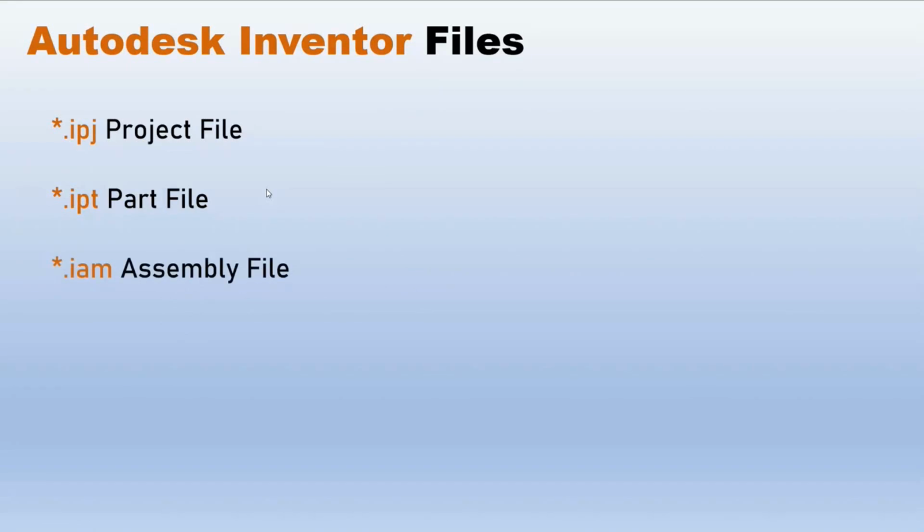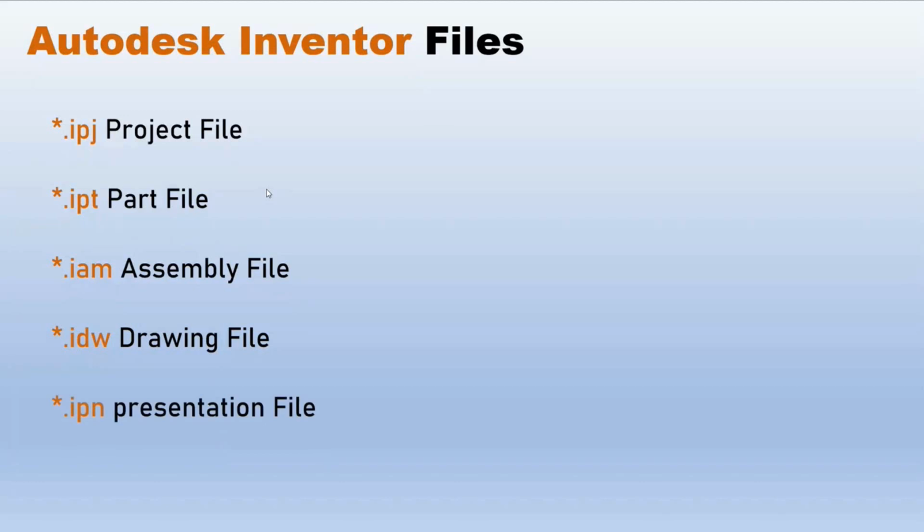The third extension is IAM, which is Inventor assembly. The assembly will be a file that includes parts, so you need parts to include inside the assembly. The fourth one is IDW, which is a drawing file. Inventor drawing, IDW.